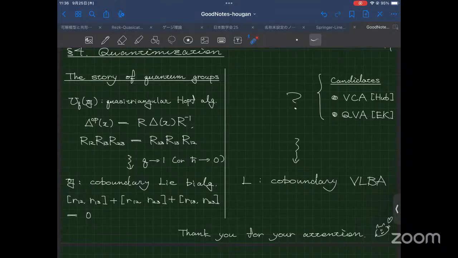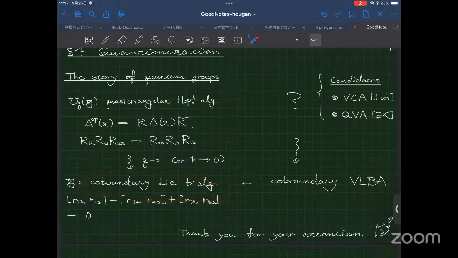Then in its classical limit, q to 1 or h bar to 0, the algebraic structure induced by R is a coboundary Lie bialgebra.